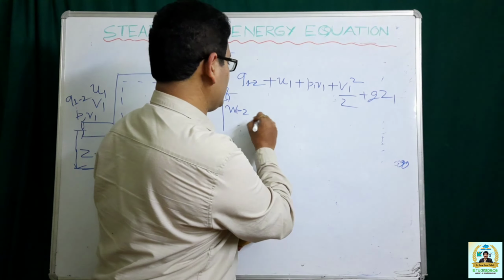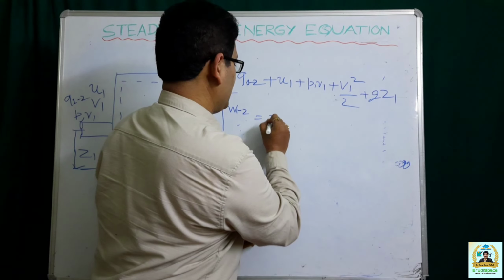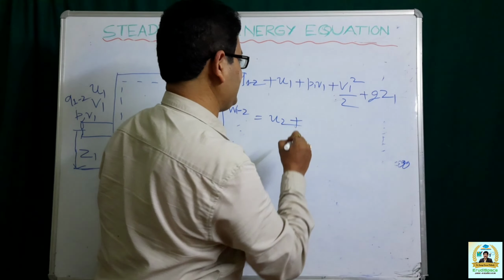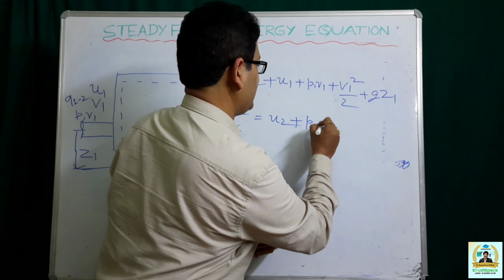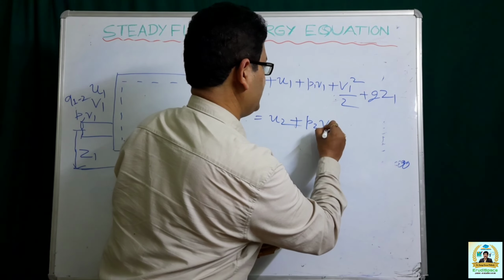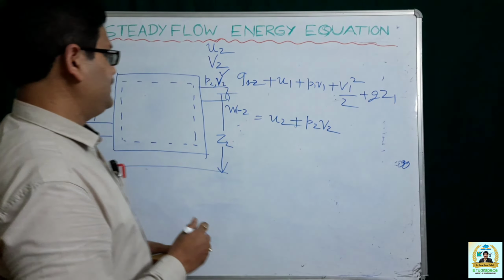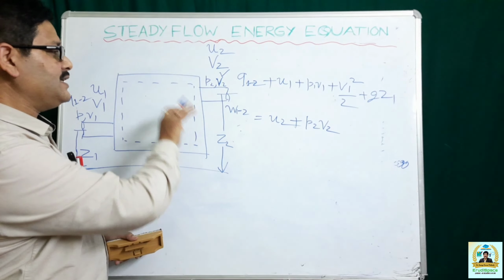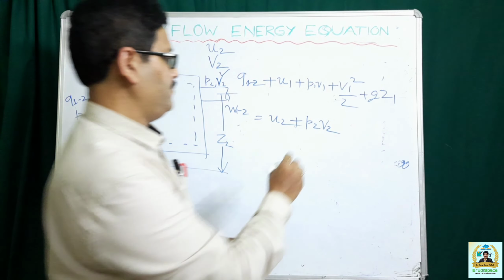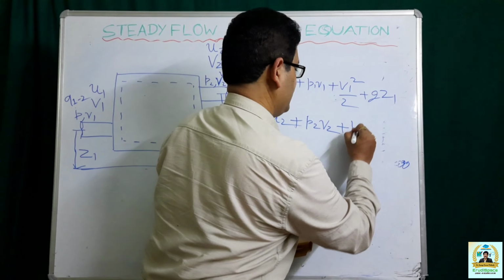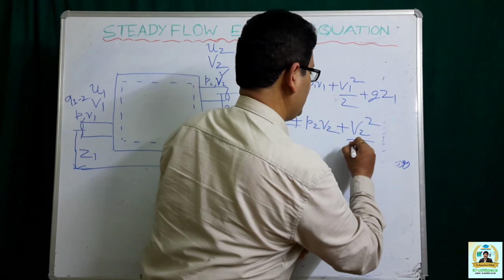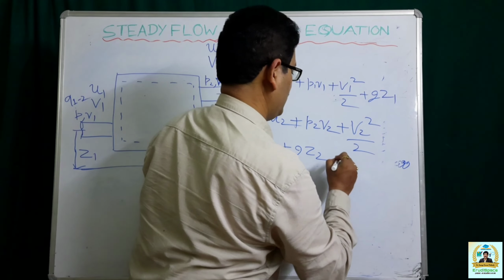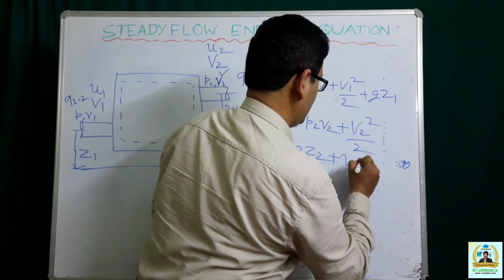At the exit you get u2, the specific internal energy, plus the specific flow energy, P2 v2, the work done in pushing the working substance out of the control volume, plus V2 square by 2, plus gZ2, plus W12.